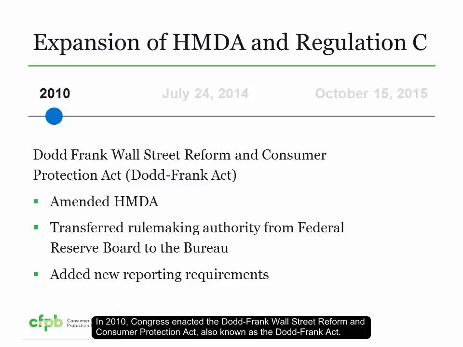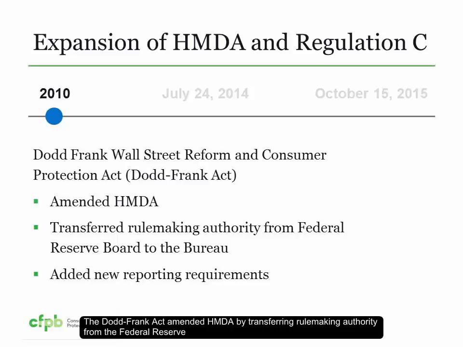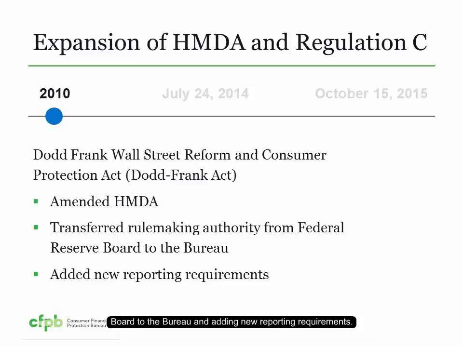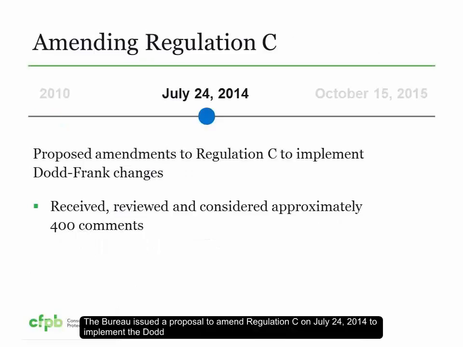In 2010, Congress enacted the Dodd-Frank Wall Street Reform and Consumer Protection Act, also known as the Dodd-Frank Act. The Dodd-Frank Act amended HMDA by transferring rulemaking authority from the Federal Reserve Board to the Bureau and adding new reporting requirements.